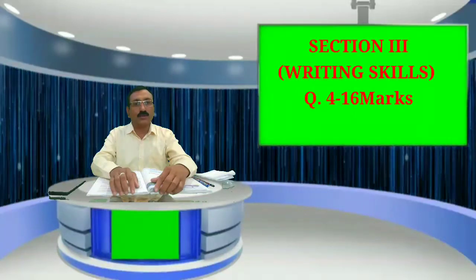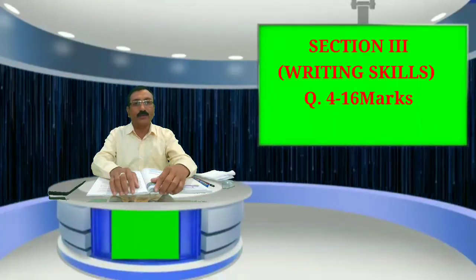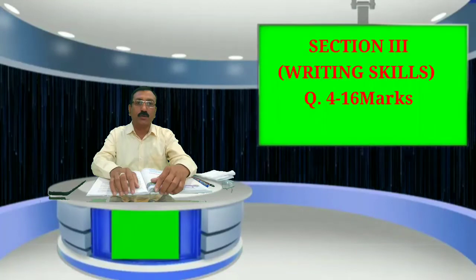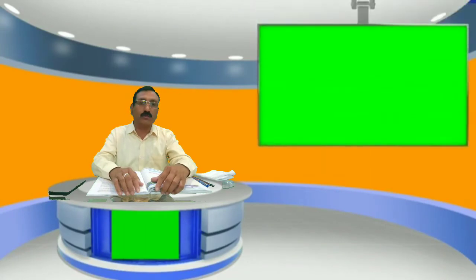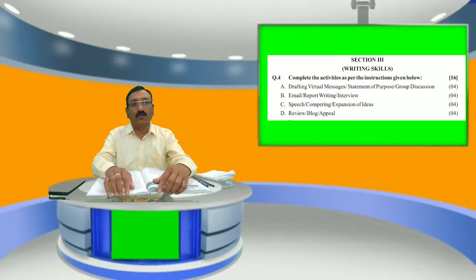Section 3 in the activity sheet includes various activities based on writing skills. In question number 4, you will have 4 sets for the writing skills. In each set, you will have 3 options. I mean, in each set, you will have 3 writing skills.